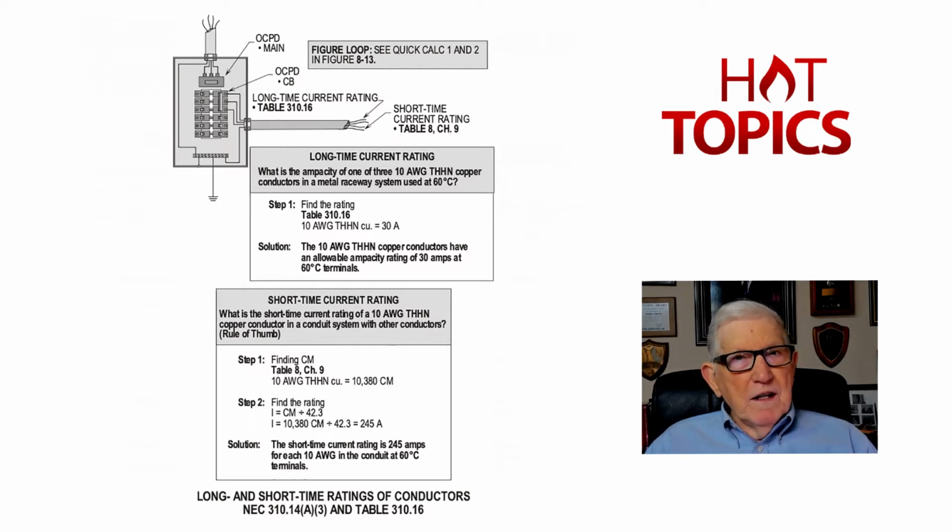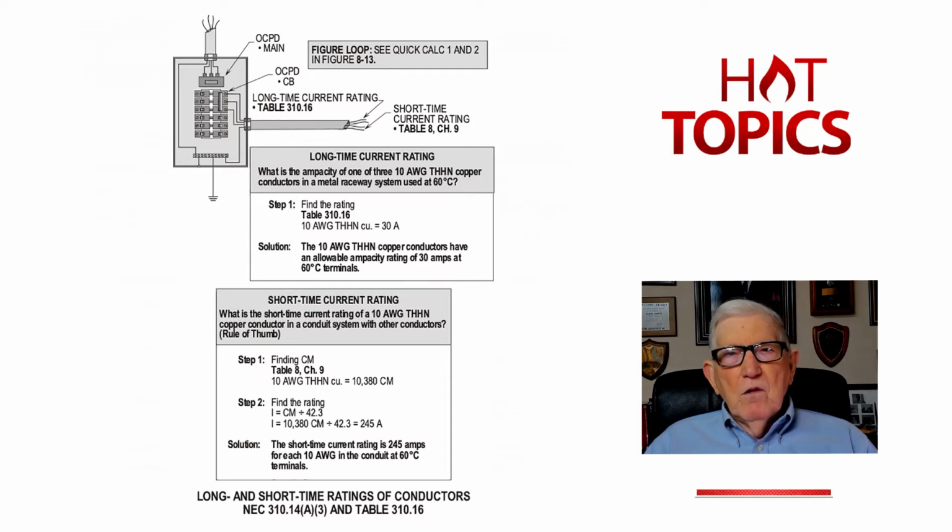Now, I know in the 90-degree column it would have a greater value rating. It had like 40 amps. In the 75-degree column, it'd have like 35 amps. In the 60-degree column, it would have 30 amps.